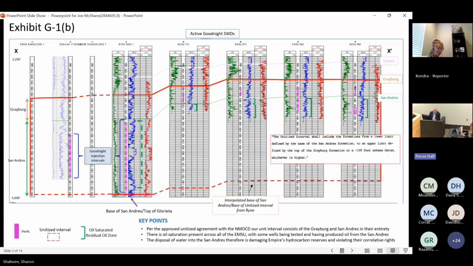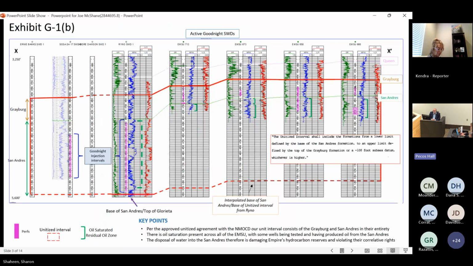And so what we can see is where these wells fall within that unitized interval, as well as where Goodnight's injection intervals are in conjunction to that unitized interval, showing that they're below the San Andreas top, but that they cover a large chunk of our unitized interval zone.